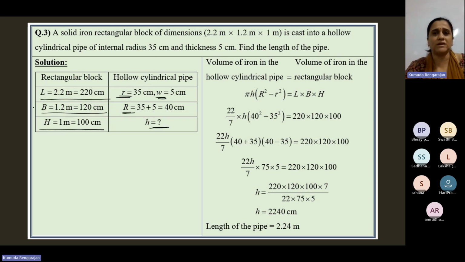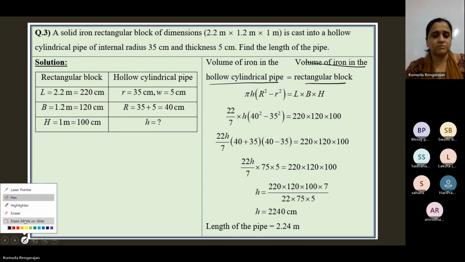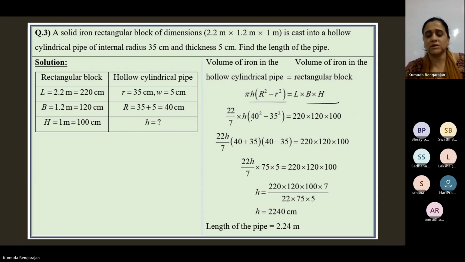I've used LBH capital, and since I've used a capital H here, I've not used H1 here. Volume of the iron in the hollow cylindrical pipe is equal to the volume of the iron in the rectangular block. Formula, substitute the values, and here I've used a square minus b square is equal to a plus b into a minus b.